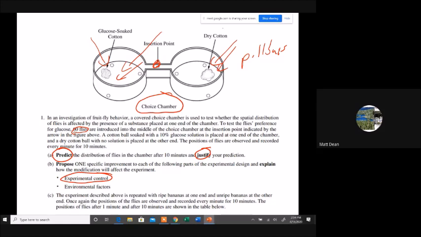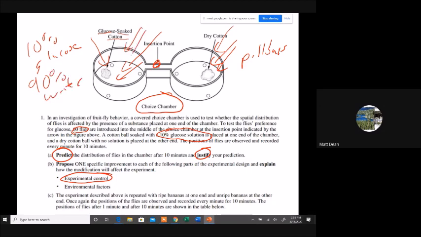And I'm going to tell you that's not a good control, because notice this is glucose-soaked cotton. Well, if it's soaked, and it tells us here it's a 10% glucose solution, so if a solution is 10% glucose, what's the other 90%? That means it's 90% water.